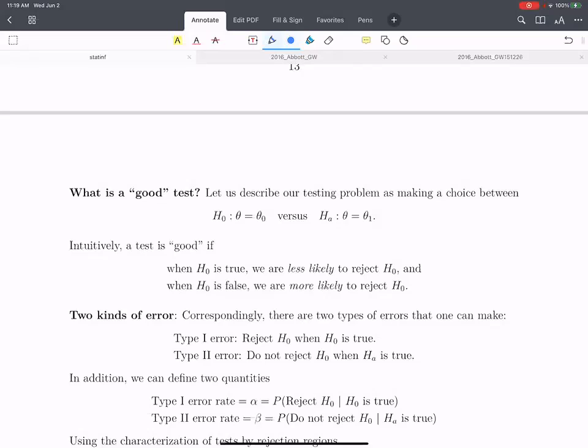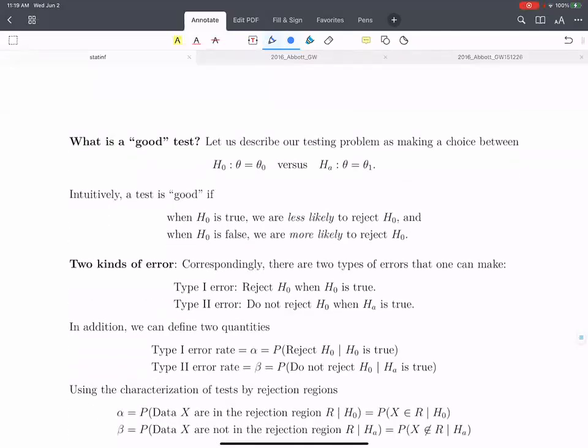Two kinds of errors are defined on those two possible scenarios. Type 1 error occurs when we reject the null when the null is true. When the null is true, we want to keep the null, but we reject it, which is called type 1 error. Type 2 error is when the alternative is true and we do not reject the null, although we must reject the null.